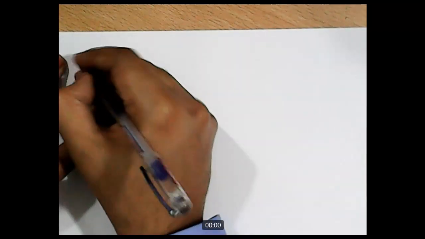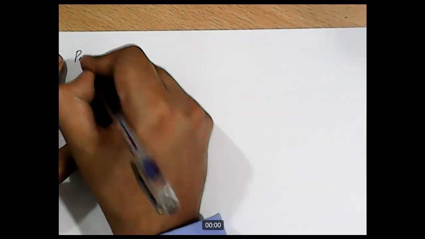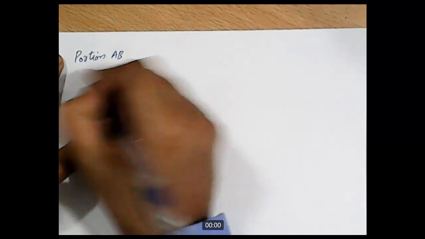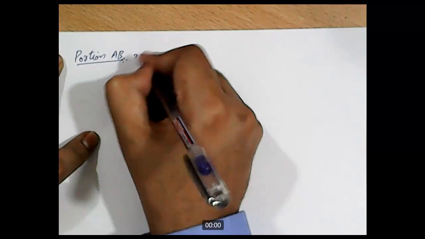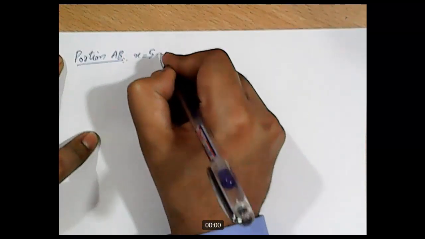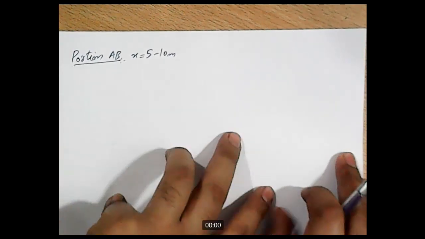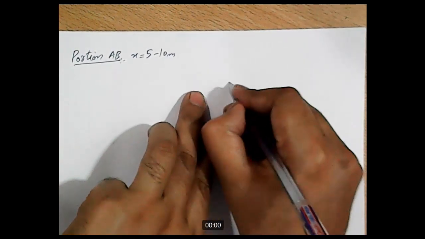For portion AB, x will range from 5 to 10 meters. Let's draw its free body diagram.